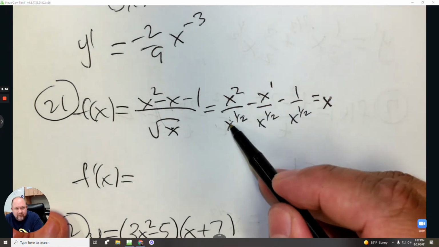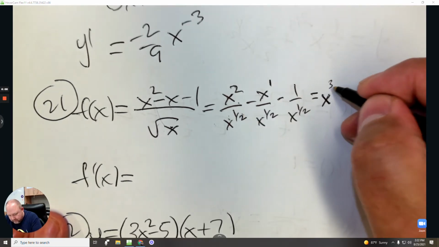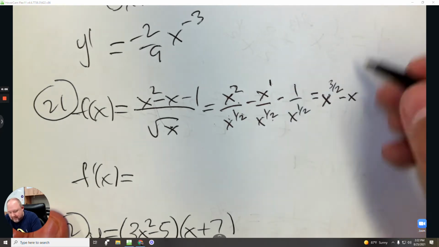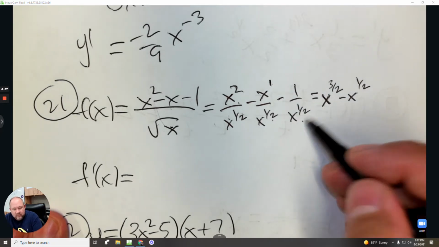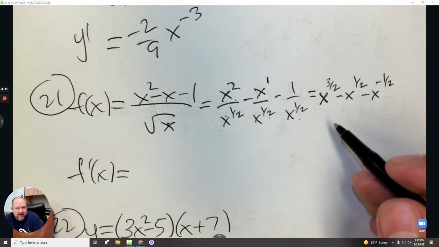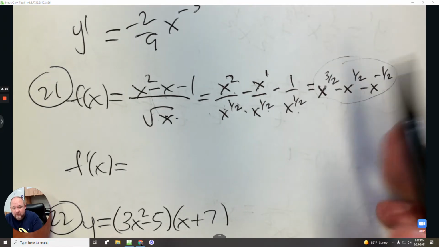If the bases are the same and you're dividing, subtract. So that's 1/2 or 3/2. 1 take away a half is a half. And then this one I'm simply going to write as x to the negative 1/2. So it has no fractions. So I have the algebra ability to get to here and now do the power rule.